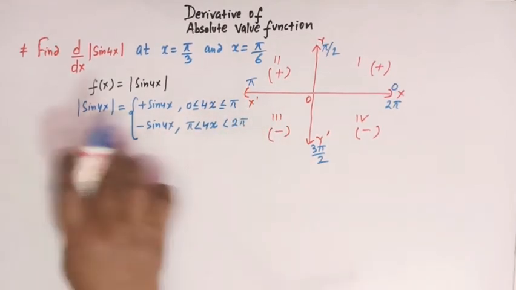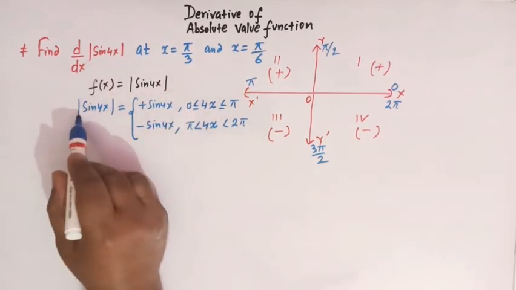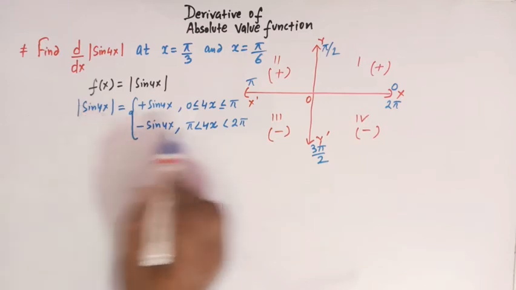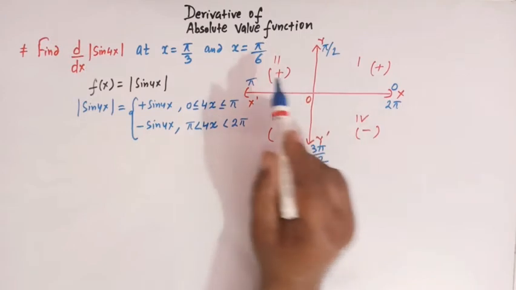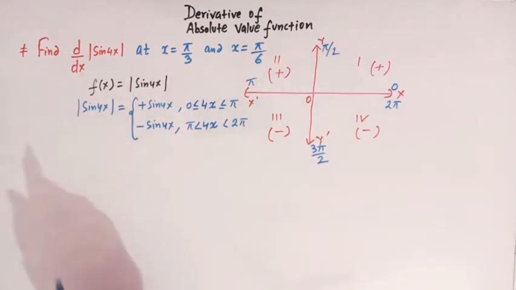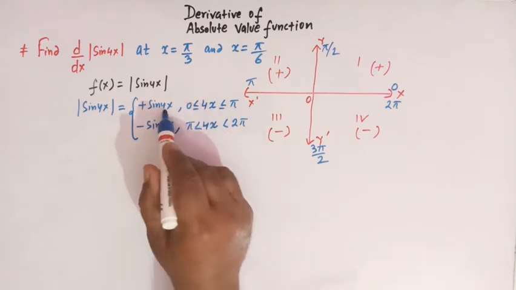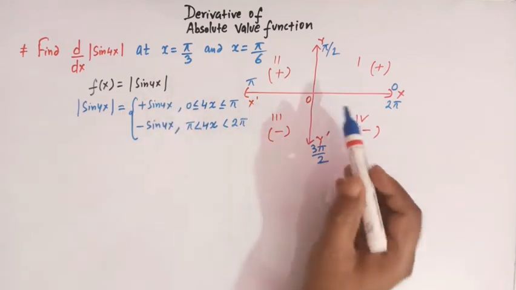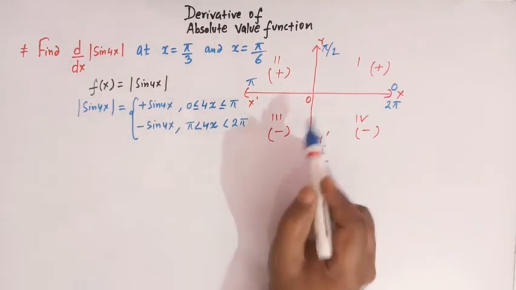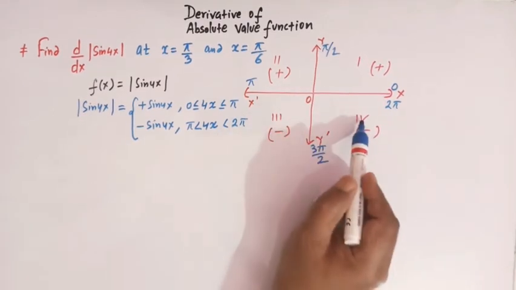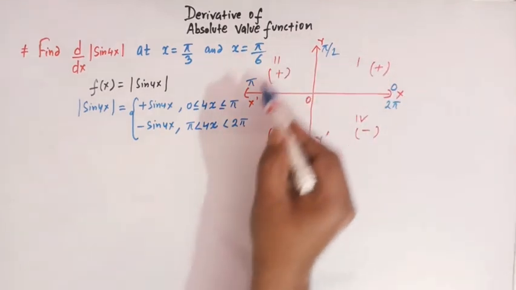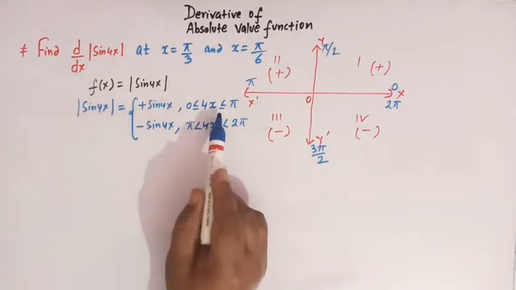So this is how we write mod of sin 4x as a piecewise function. In the first and second quadrant, the sine function is always positive, and it has a negative value in the third and fourth quadrant. So this concept would be used here.